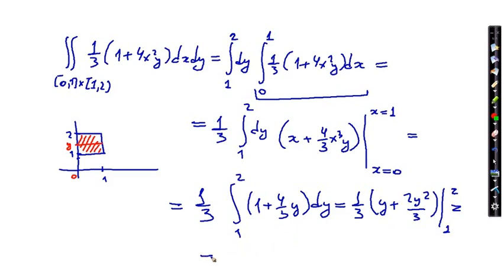And this will give 1 over 3 times 2 plus 8 over 3 minus 1 minus 2 over 3. So 2 minus 1 will give 1. 8 minus 2 will give 6. 6 over 3 is 2. 3 over 3 will give 1. So I will have 1 in the integral, so this function is a legitimate PDF.